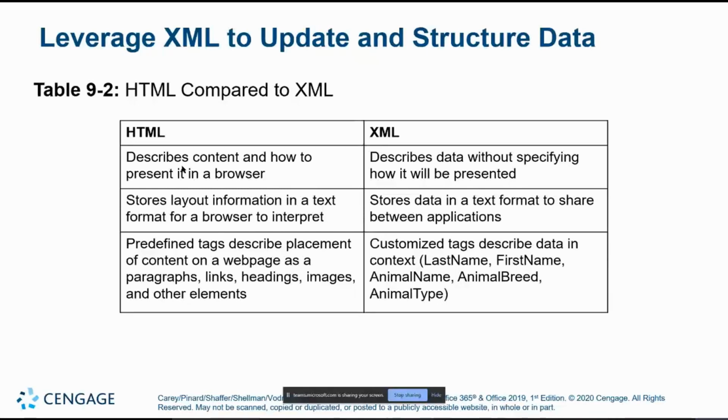And XML relies on user-created tags. So instead of things like the P tag for paragraph or div, like I mentioned earlier, you would actually write your own names for tags as you code and define the data in your XML. And generally, there's going to be two sides to your XML. You have the structure definition, where you outline what each data set is going to look like.